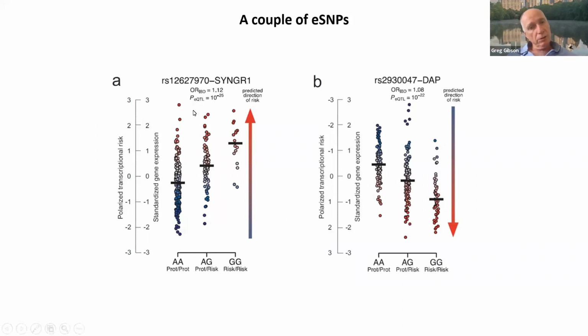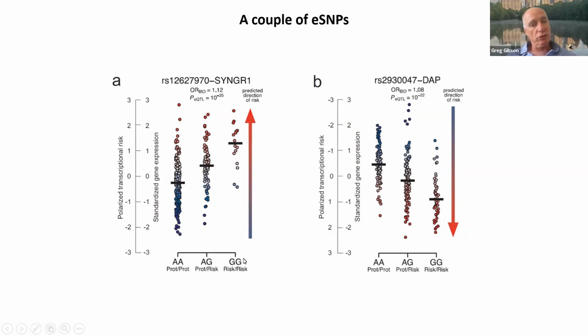And on the left here is just an example of a SNP, RS12627970. It's located in the vicinity of the SINGR1 gene. And what we're measuring here is the expression levels of the SINGR1 gene, normalized to a mean of 0.